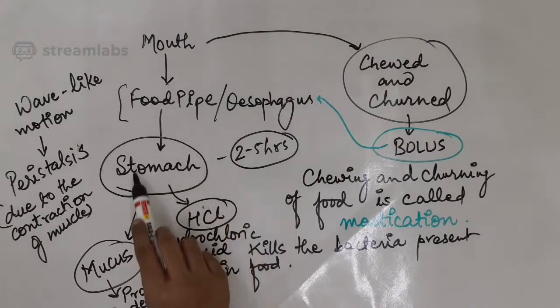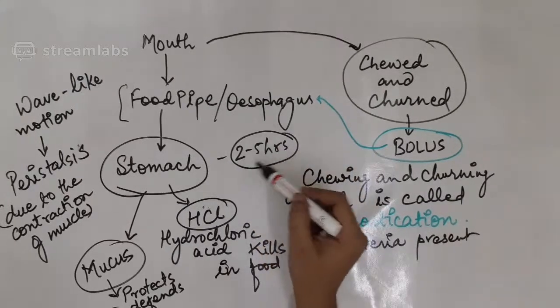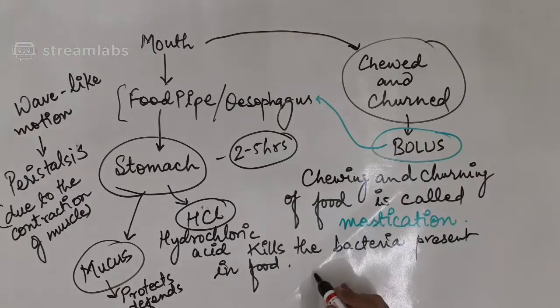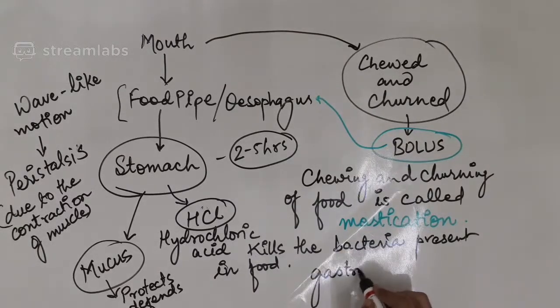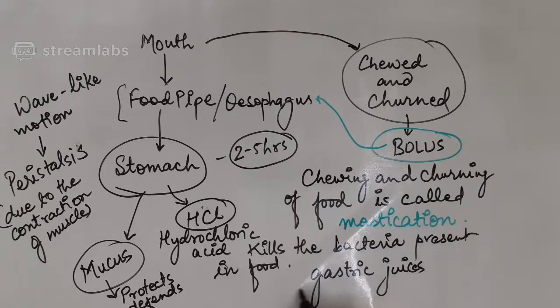And where the stomach is there, the food which goes into the stomach, remaining for 2 to 5 hours, is mixed with the gastric juices present and released inside the stomach.